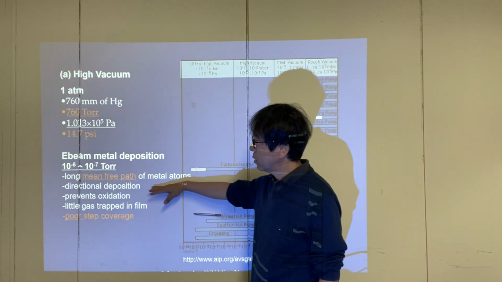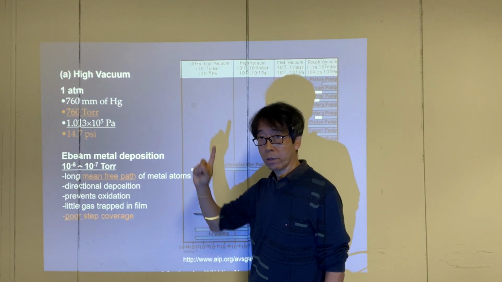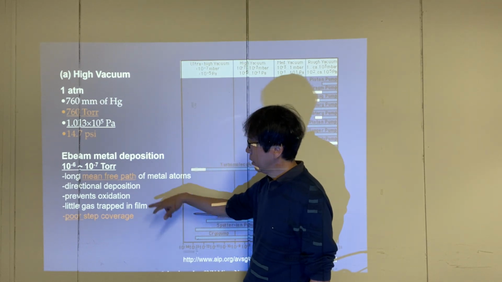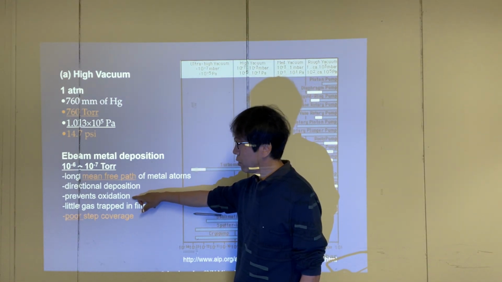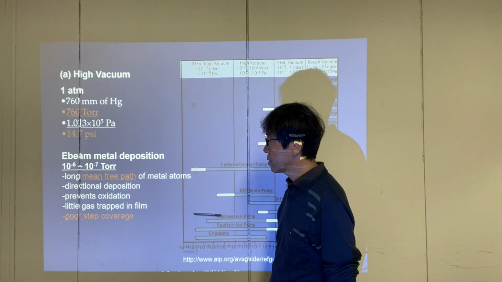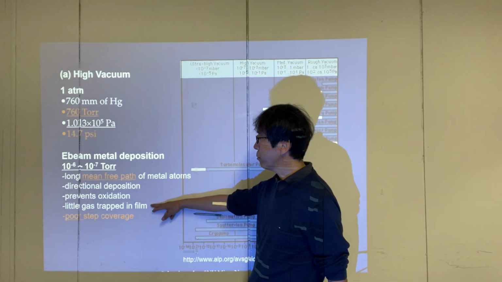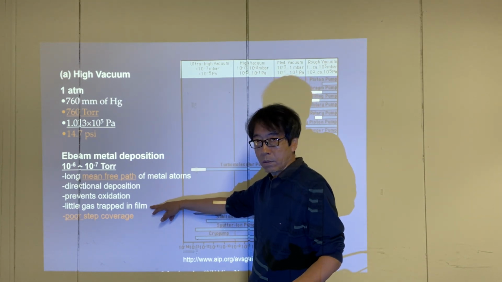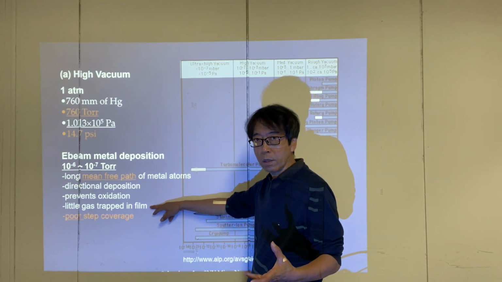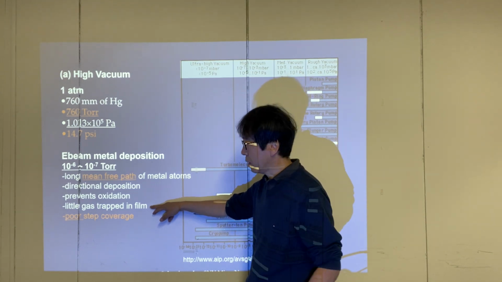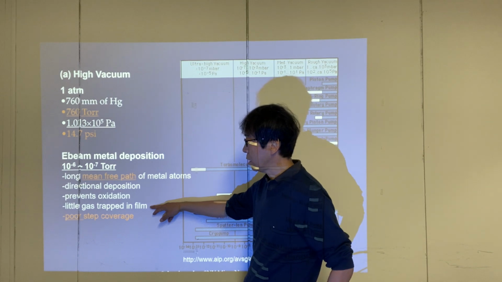So that deposition is directional. So the path is like a line of sight, and it prevents oxidation as well. At super low pressure, there's nothing to react, and there's nothing to trap in the film. For example, if you just have some impurities existing in the vacuum, well, they will be trapped inside the thin film. That kind of thing does not happen.